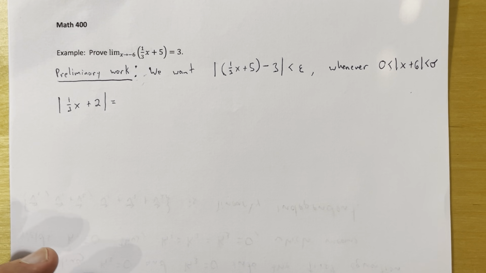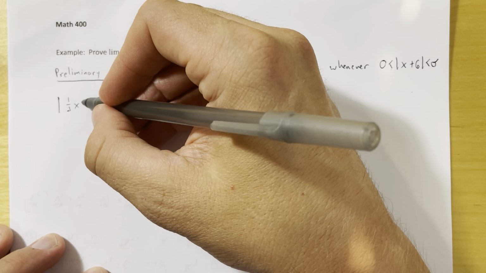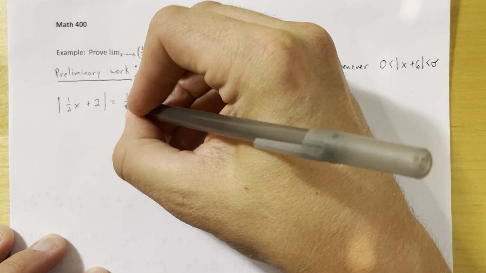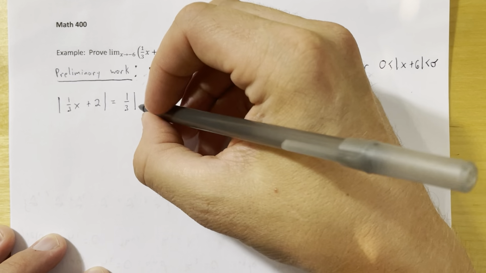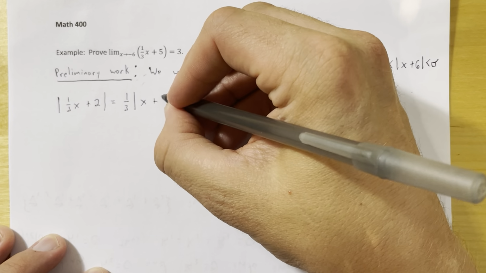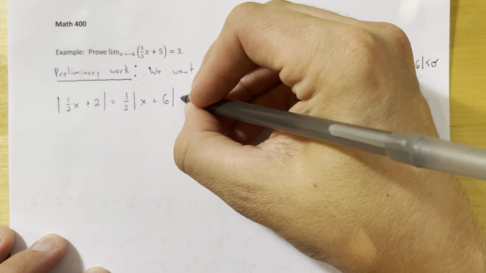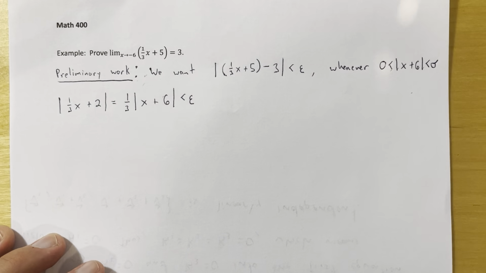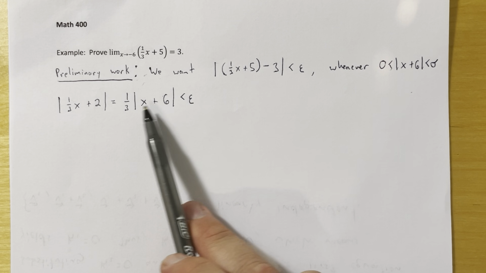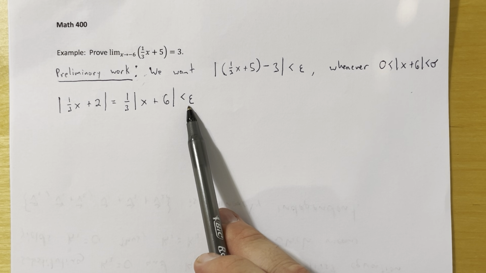Well, as we've seen before, you can pull a 1/3 out and just make sure you take its absolute value as you do, which would still be 1/3. This is equal to 1/3 x plus, if you factor in 1/3 from 2, you get 6. Okay? So if this is true, then by simplifying it, we must also have this being true.